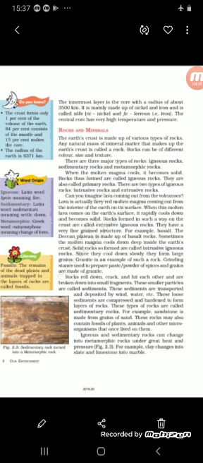Here you can find the word fossils. What does fossil mean? Fossils means dead and decayed parts of plants or animals that lived thousands of years ago, which had turned into rock.